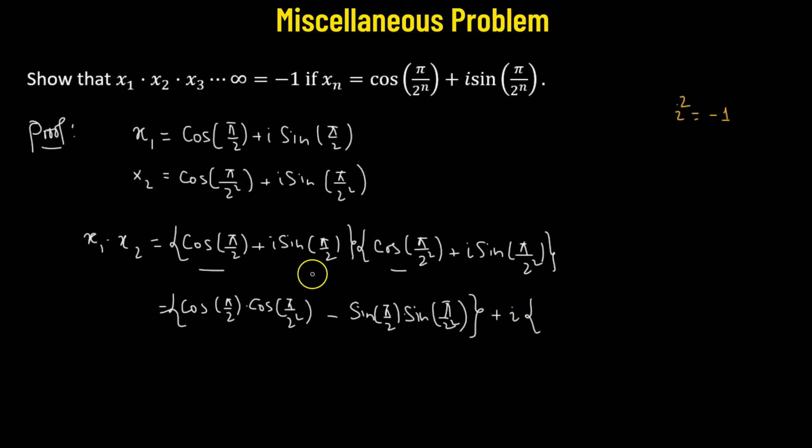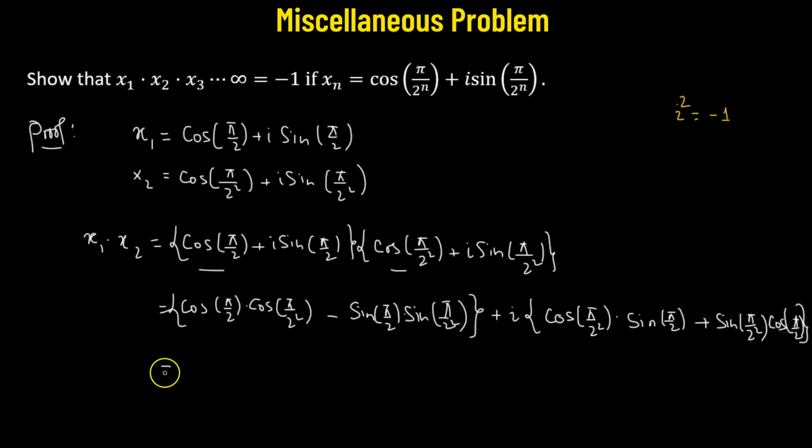This is going to give us the value. So for iota, we have cosine of (pi over 2) squared multiplied to sine of pi over 2 plus sine of (pi over 2) squared multiplied to cosine of pi over 2.